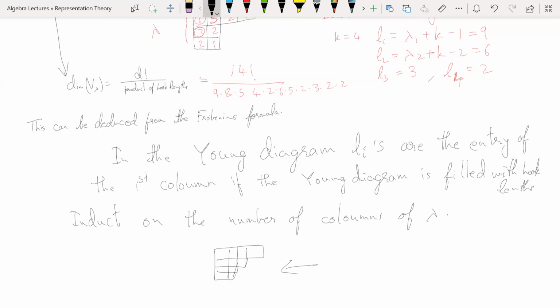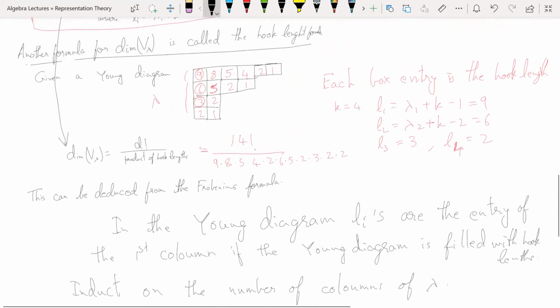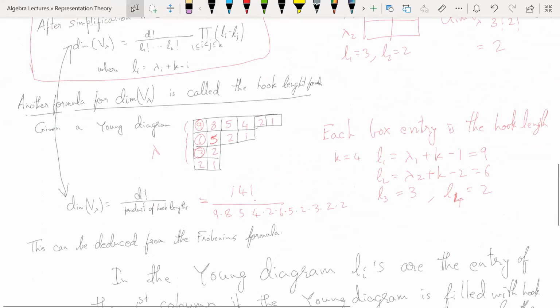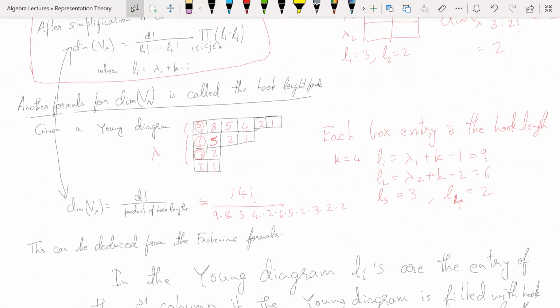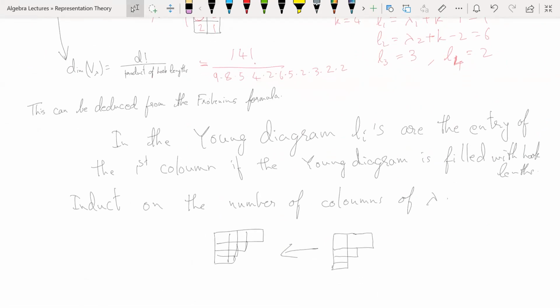So given this, you assume that the formula holds for this diagram, and then use the fact that the first column has the hook lengths, for the new LIs.